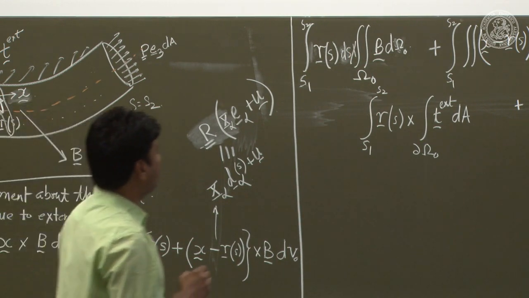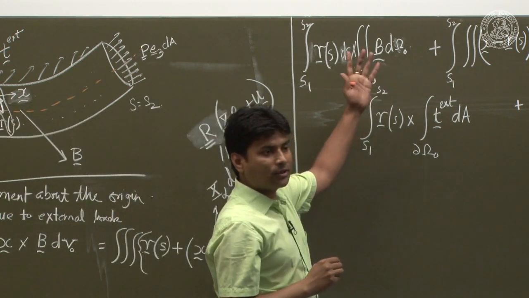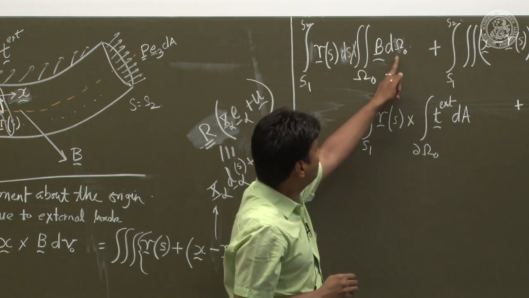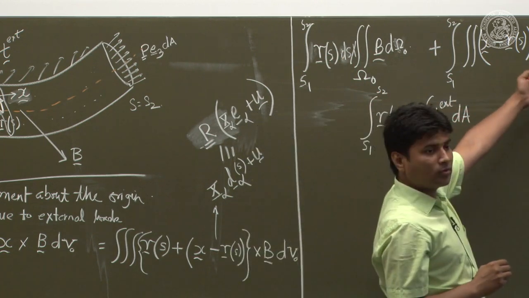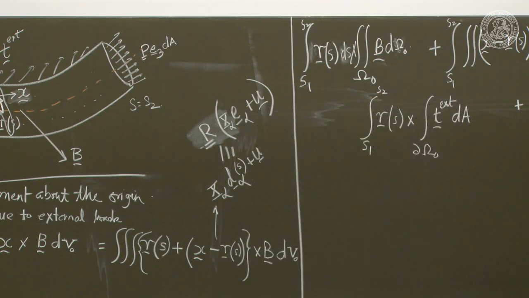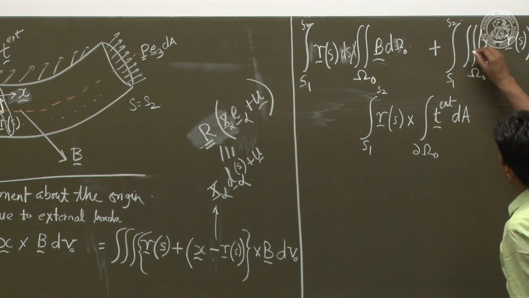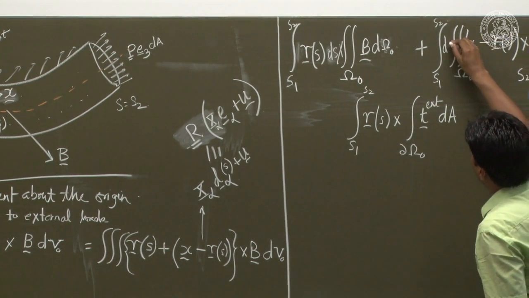Is that okay? So dv naught has been written as ds d omega naught. Same thing you can do over here. So dv naught, so this becomes d omega naught, because this is an integral over omega naught, and your ds is sitting here.